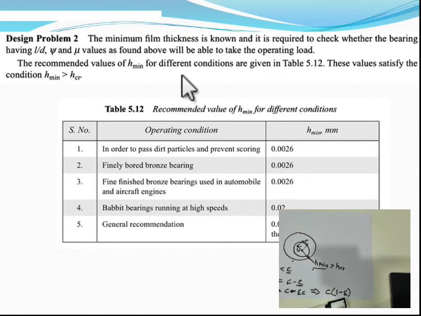You can use a very thick oil and increase the viscosity of the oil and the load carrying capacity, or one can also increase the L by D ratio and improve the load carrying capacity of the bearings. And in this way the iterations can go on, and one can achieve the optimal design and go ahead with the actual manufacturing. So these were the two design problems the engineer has to face in real life.